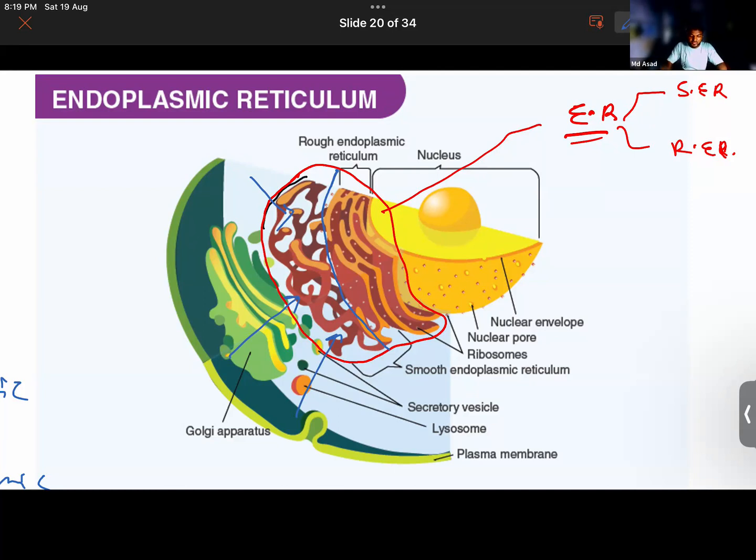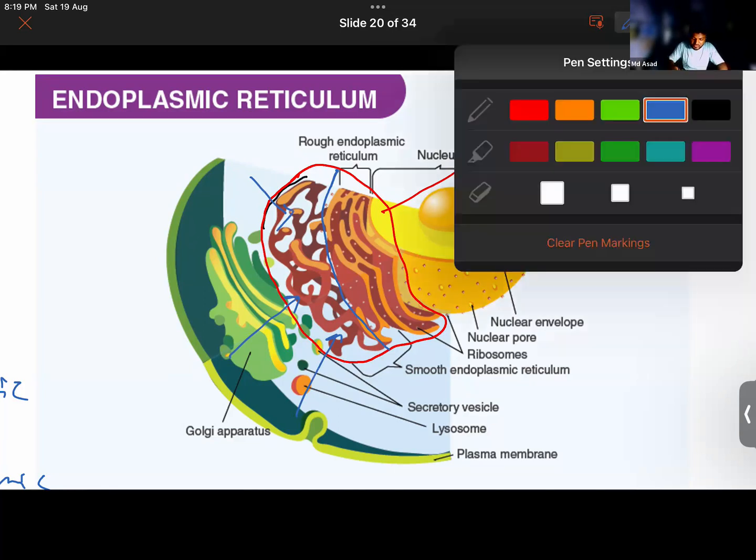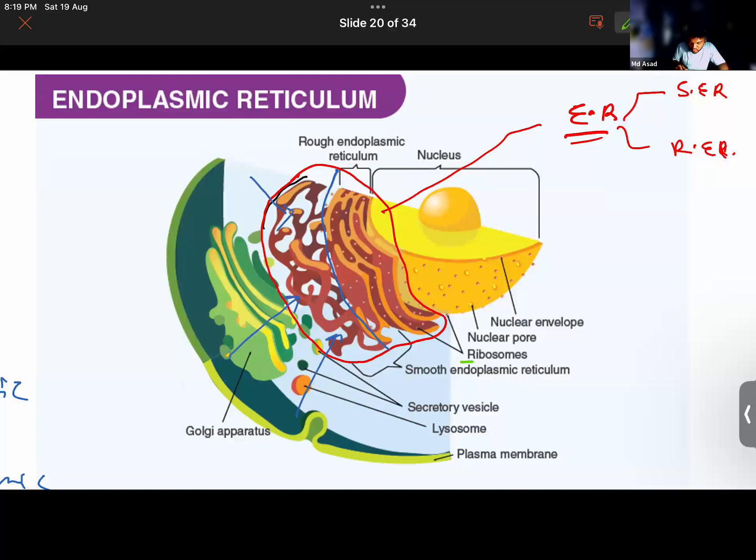Exactly. Now look at this one more term written here, ribosomes. Those dot-like structures present on the rough endoplasmic reticulum are nothing but the ribosomes. And moments ago we talked about what ribosomes produce. They produce proteins, right?